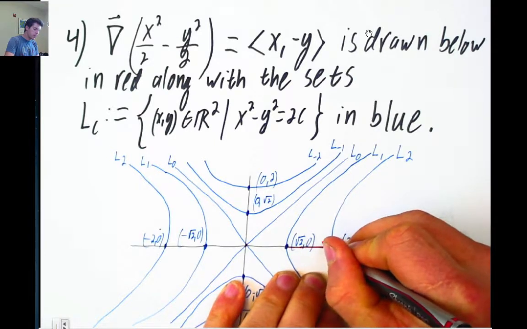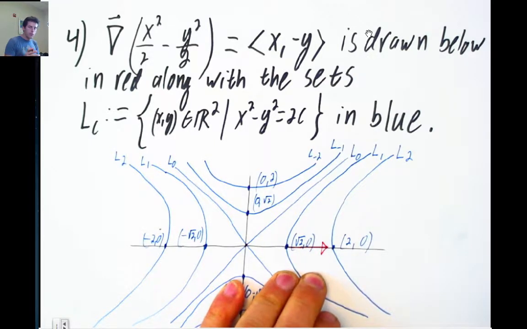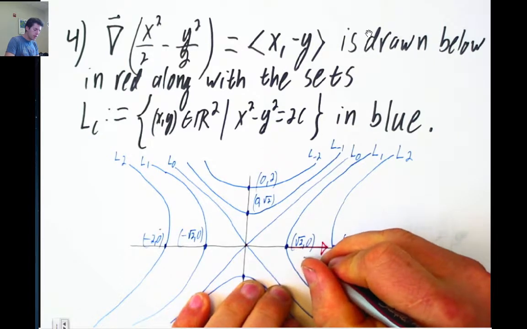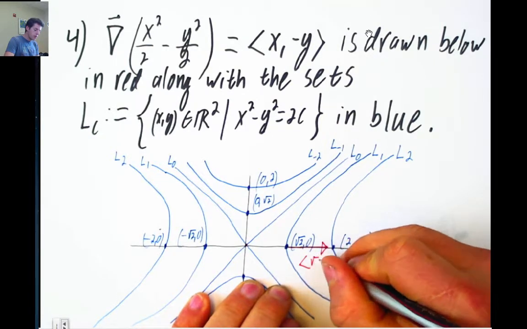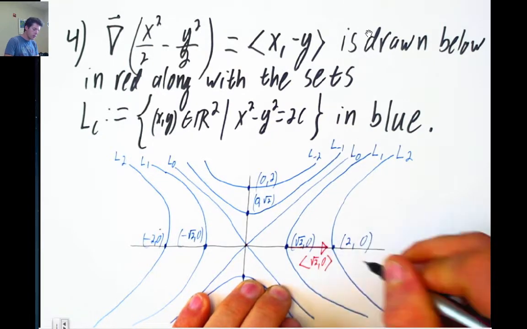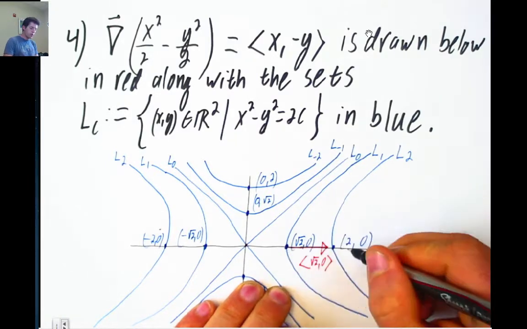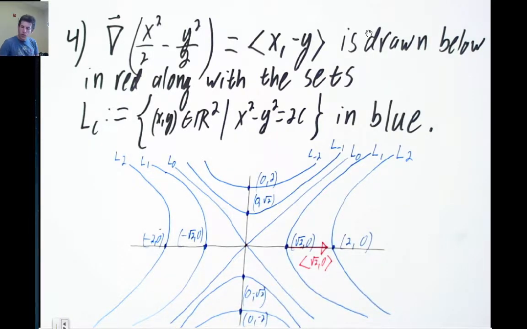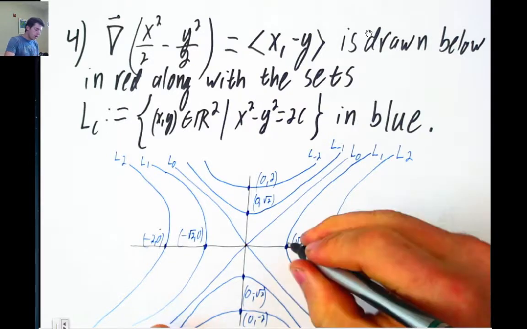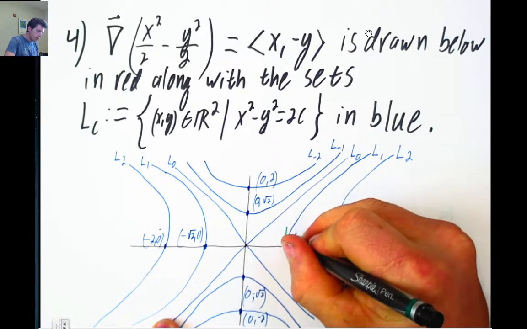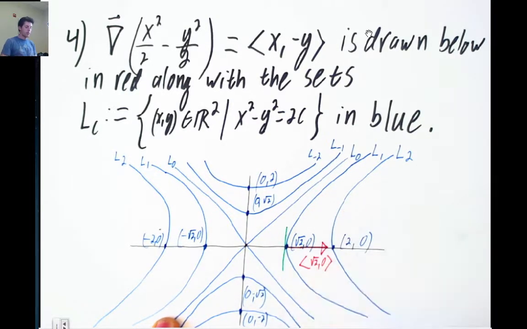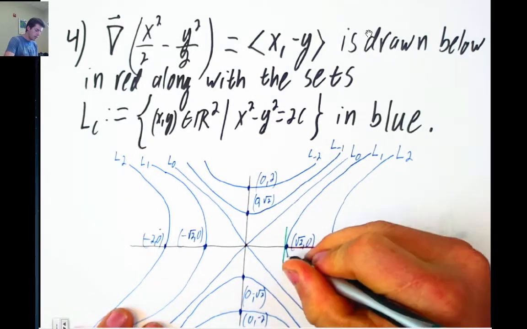Don't hold me to it on the length, but for the direction, it points only to the right, and as usual, that is orthogonal to, normal to, the tangent line to the level surface right there.